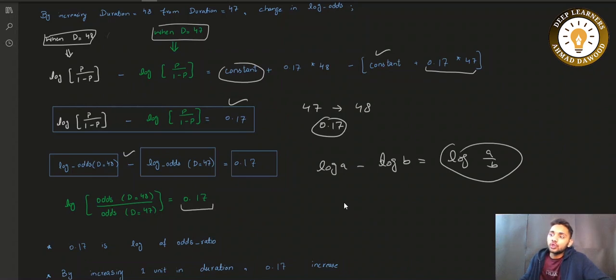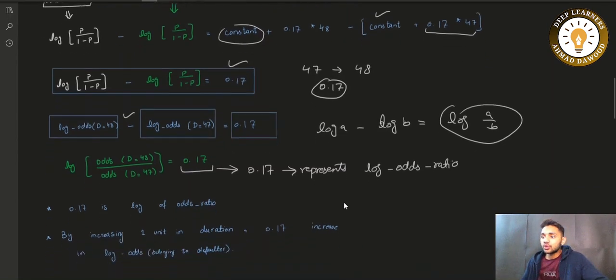Now you can say your coefficient 0.17 represents the log of odds ratio.